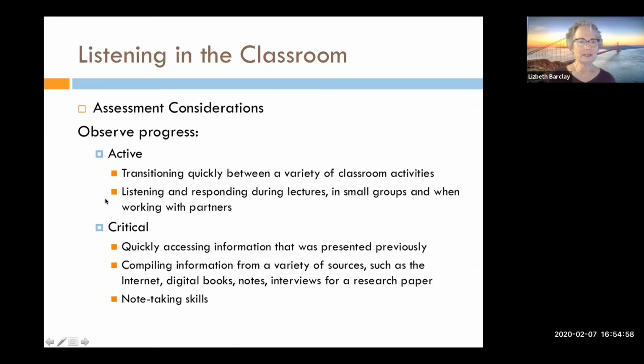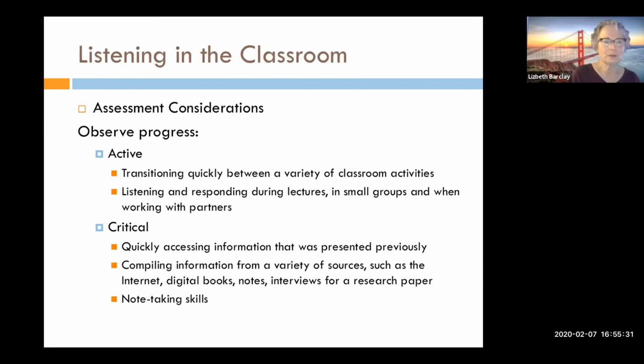Okay, so when we think about a middle school or high school classroom, we really have to think about how do we assess in that environment? What are the things that we need to assess? We need to be paying attention to. We're not in the classroom with our middle school or high school students as easily as we are in the elementary school years.